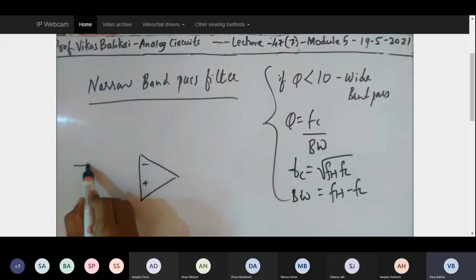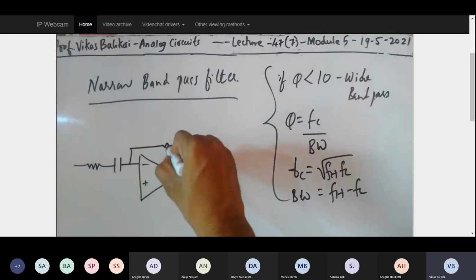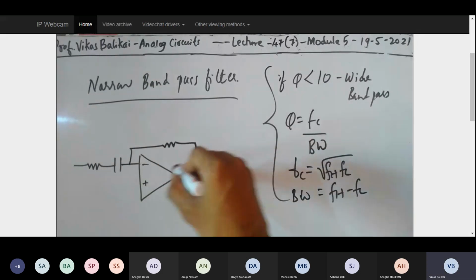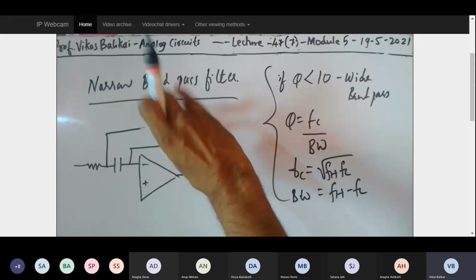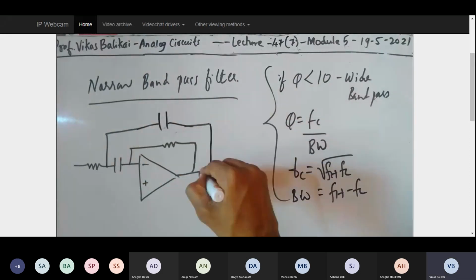Of course, I can use yesterday's circuit by changing the value of Q, but here is one more circuit wherein I will be using only one op amp rather than two op amps in getting the circuit of my narrow band pass filter.